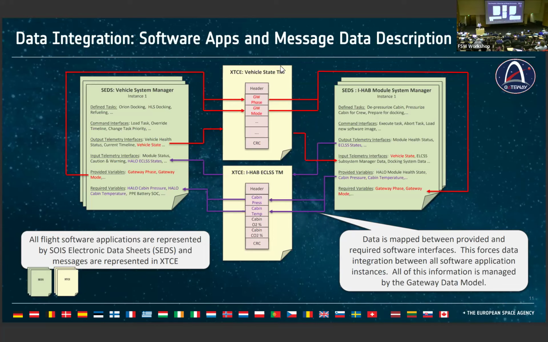So basically, the data is mapped between provided and required interfaces, which allows verification that the data which is required and provided by different software applications is matching, also with the telecommands and telemetry which are defined in the system.